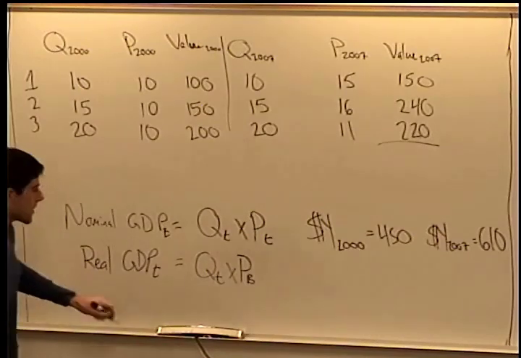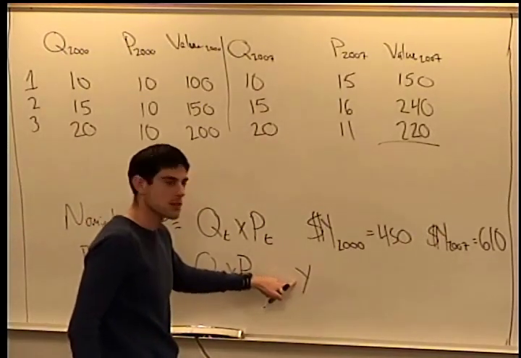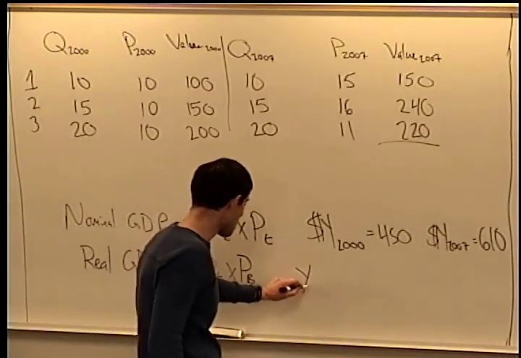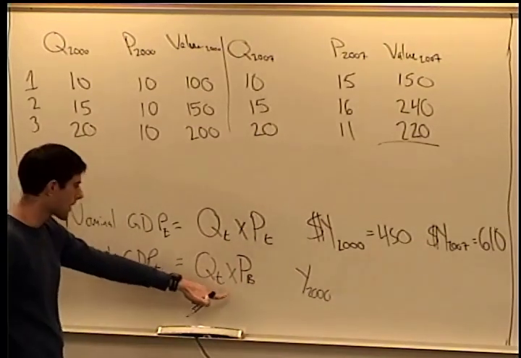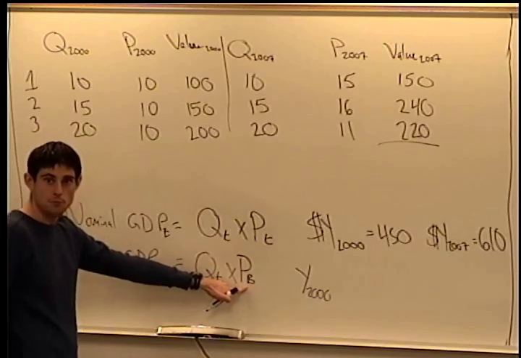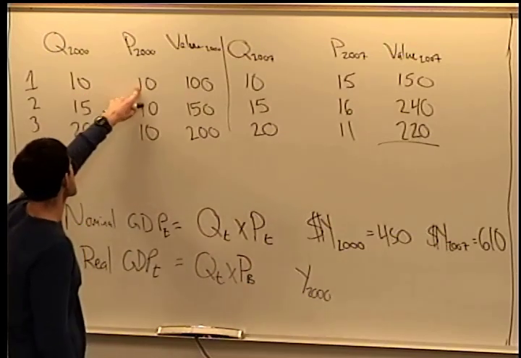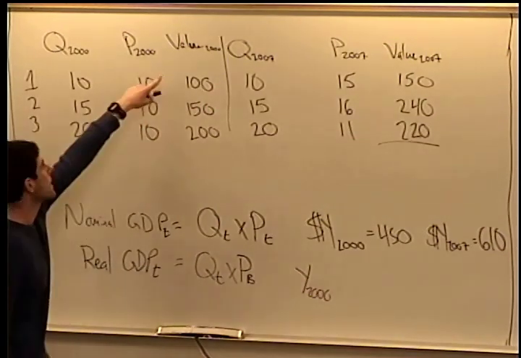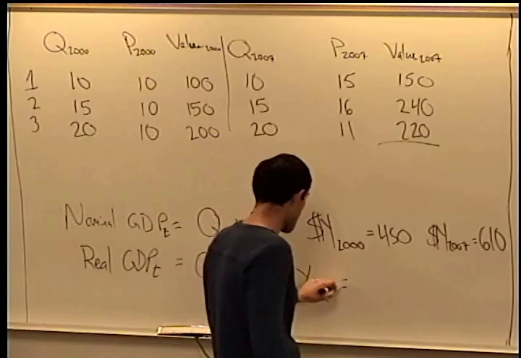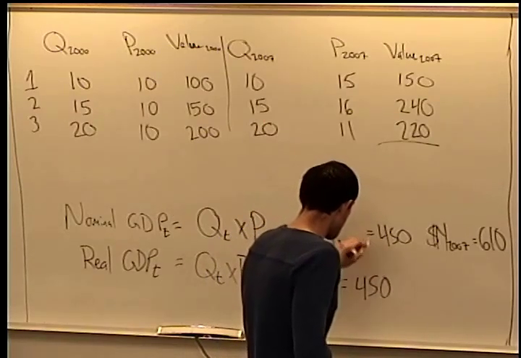For real GDP, which we just denote Y, so Y is GDP, so Y in 2000 is equal to quantities in 2000 times prices in the base year, which is prices in 2000. So we take 10 times 10 plus 15 times 10 plus 20 times 10. And again, that equals 450. And this is in dollars.